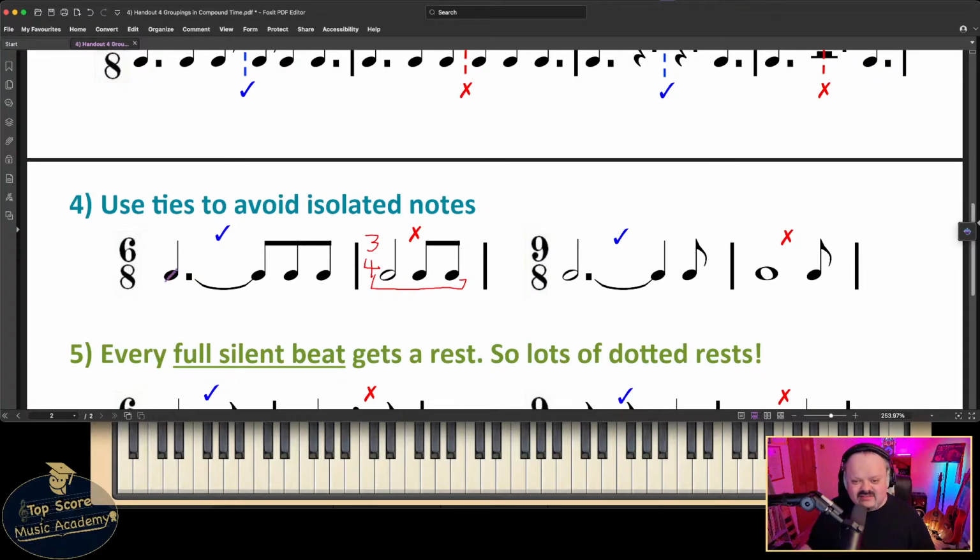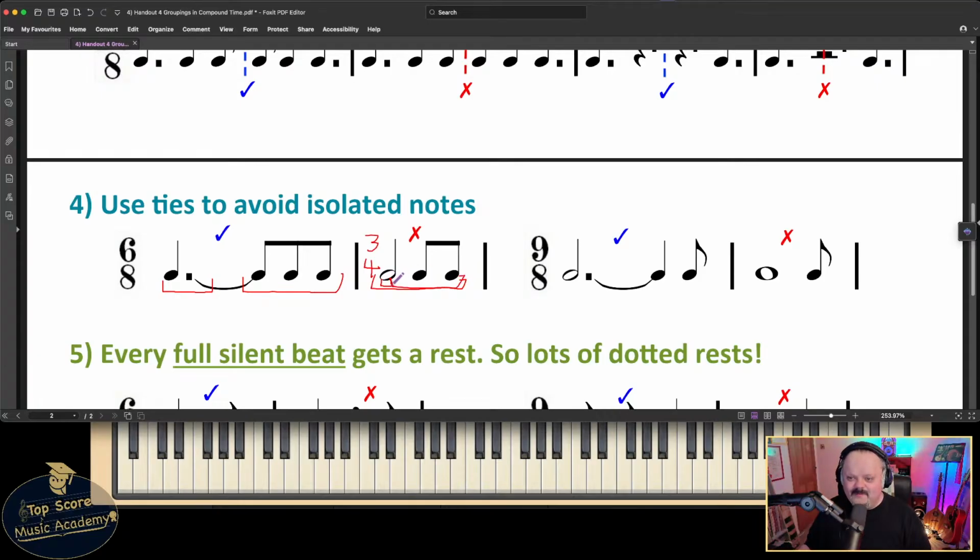You've got to be able to see where each beat begins and ends. Even if there's a tie involved where you don't get to hear it, you need to be able to see it. If you wrote it like that, you would say, okay, well, the first beat begins in there, but it also ends in there, and the second beat begins in there as well, and ends over here.